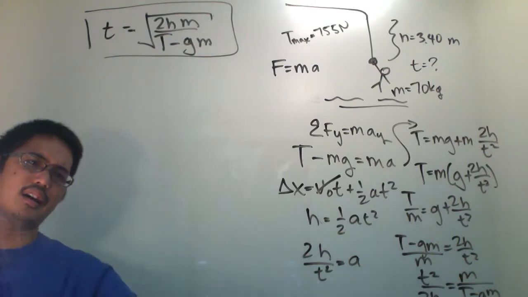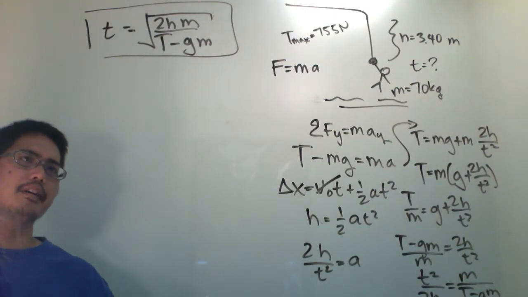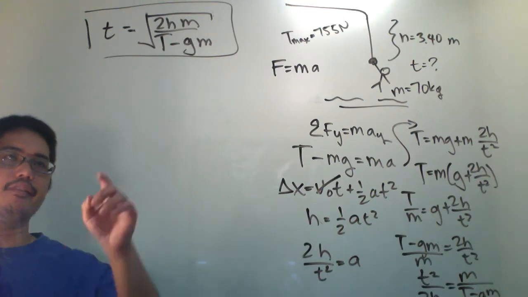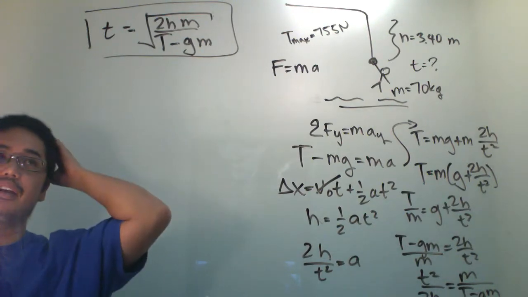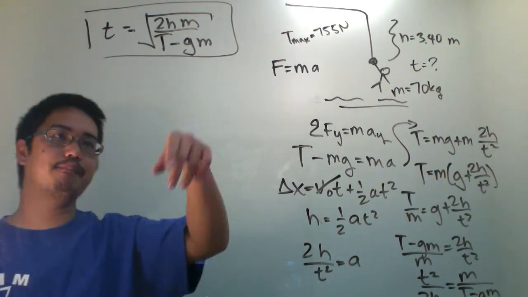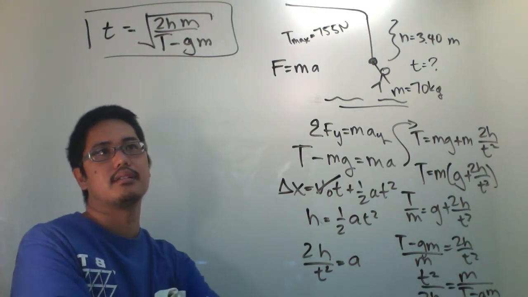Let's talk about the ideas behind it. What is this implying? If T were a really big number, what would happen to little t? If big T were really big, what would happen to little t? Look at this thing.